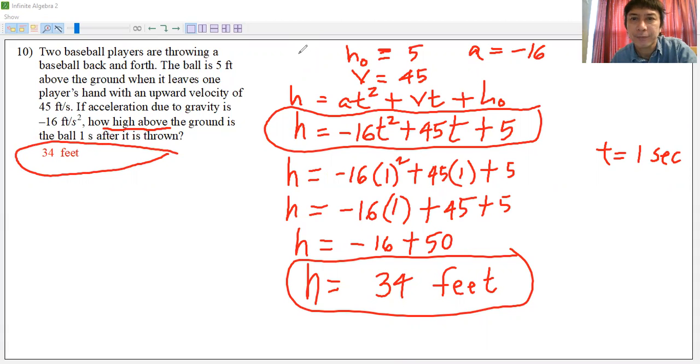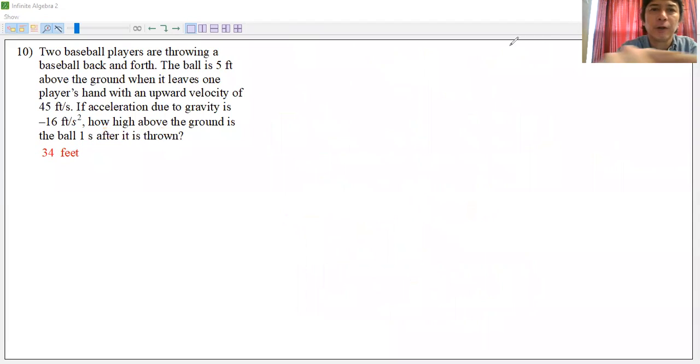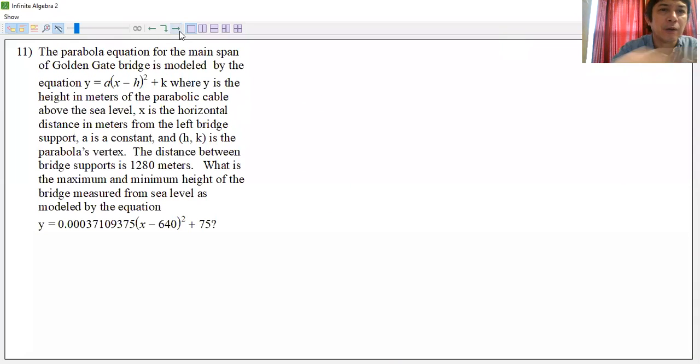Remember these equations for motion problem. Let's continue with number 11. Here's number 11. The parabola equation for the main span of Golden Gate Bridge is modeled by the equation y is equal to a(x minus h) squared plus k.